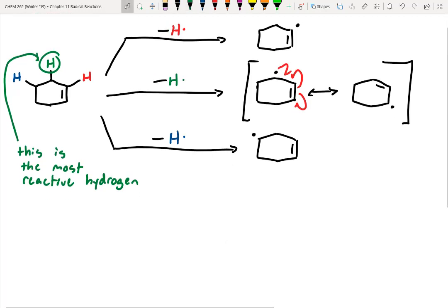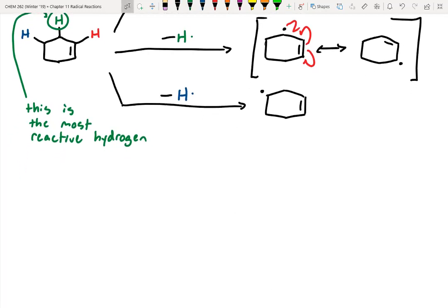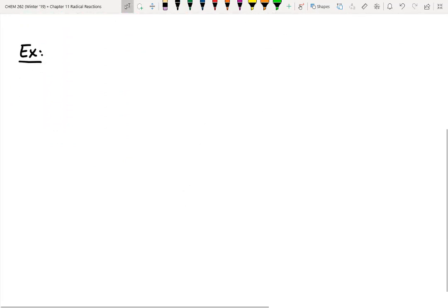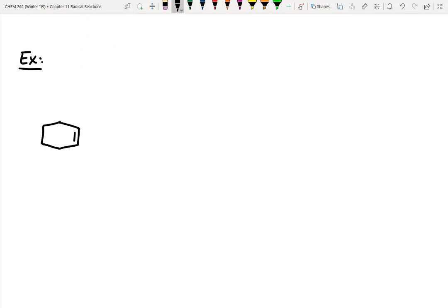All right. So now let's take a look at what will happen here. So let's take the same example, starting material. I'm going to scroll this down. We had cyclohexene, and we said that this hydrogen coming off the top position is likely going to be the most reactive.